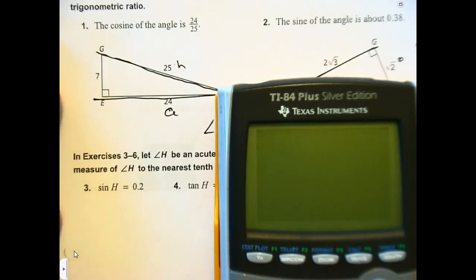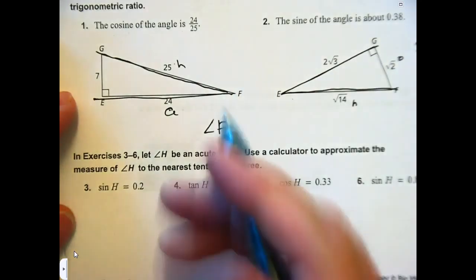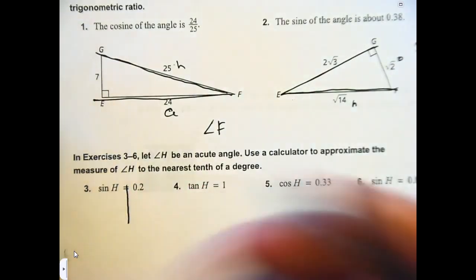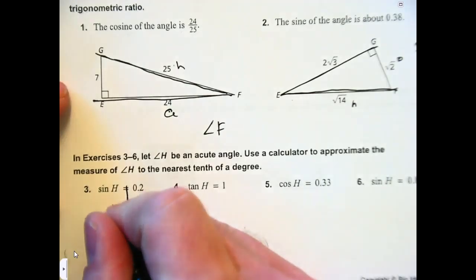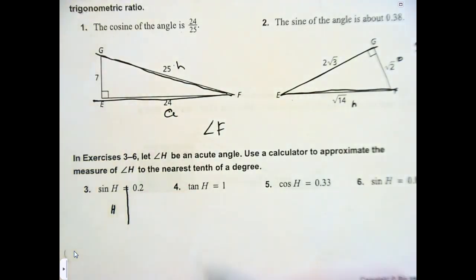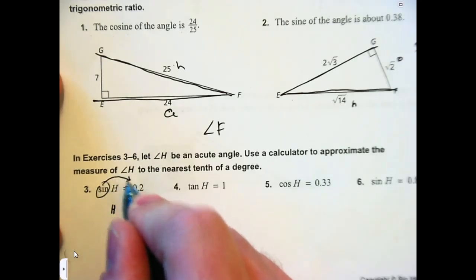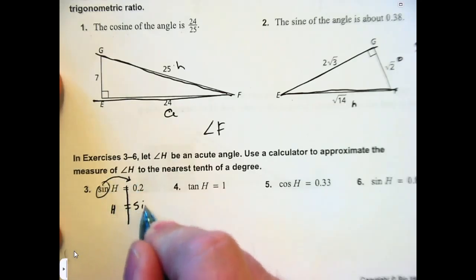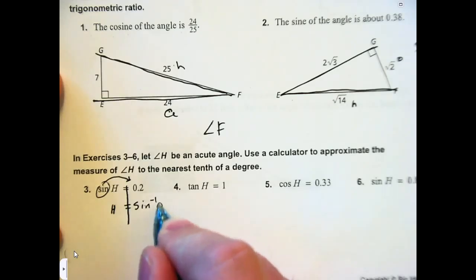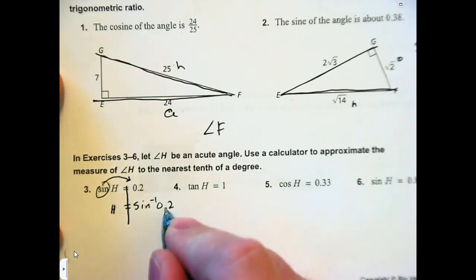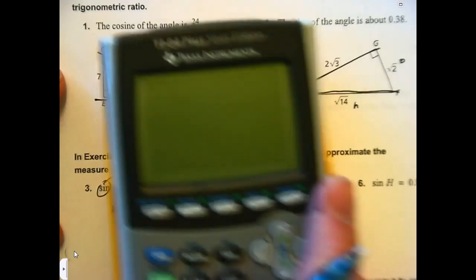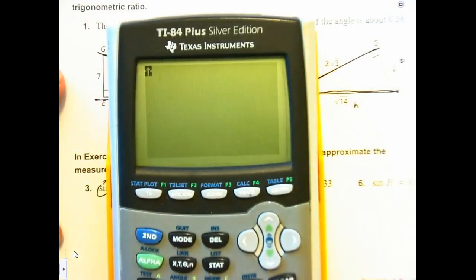Okay, and then when we're actually calculating the sine of H, that means if you think of it as equations, if you want to think like I need to get H by itself, you're moving sine over, and when you move sine over, it becomes the inverse sine of that. So when I take the inverse sine of 0.2, everyone find the inverse sine on their calculator?